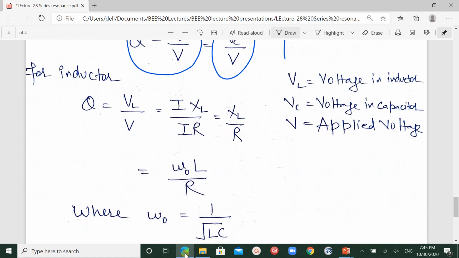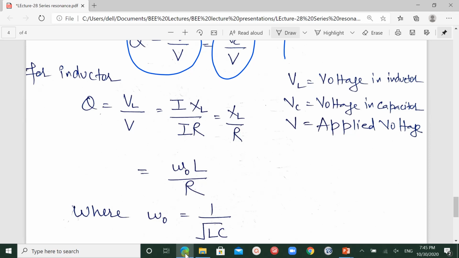We know VL is the voltage across the inductor, VC is the voltage across the capacitor, and V is the applied voltage. When we talk about the inductor, Q is equal to VL upon V, and we know that VL is equal to I into XL, and V is equal to IR.